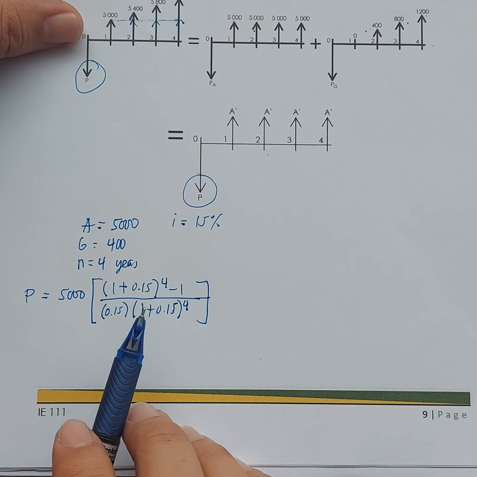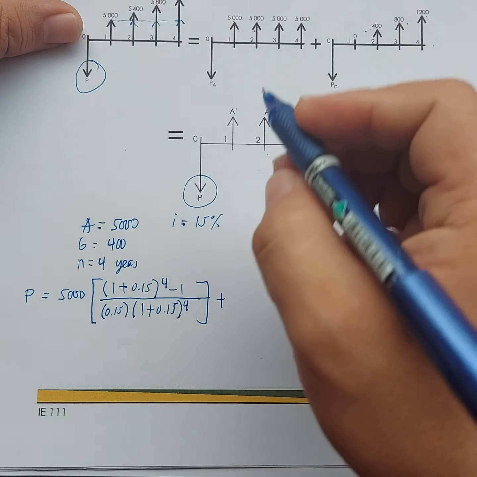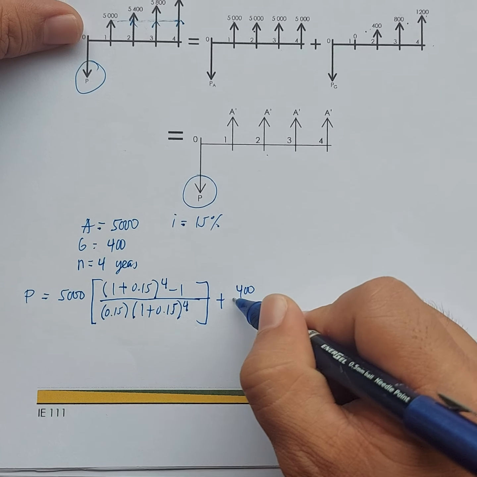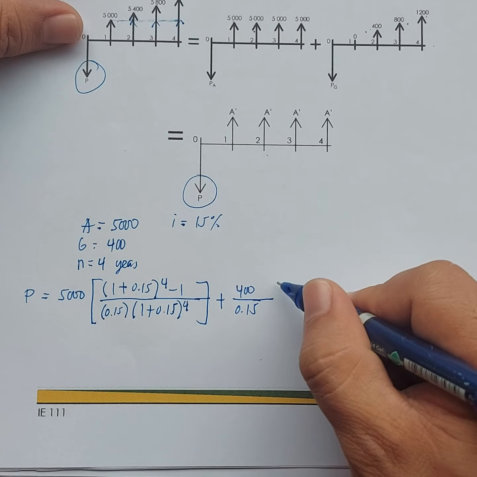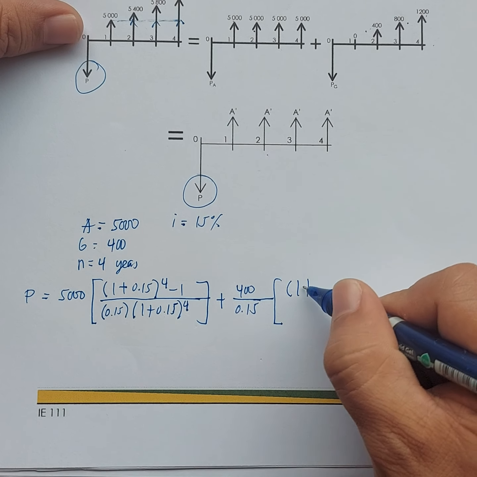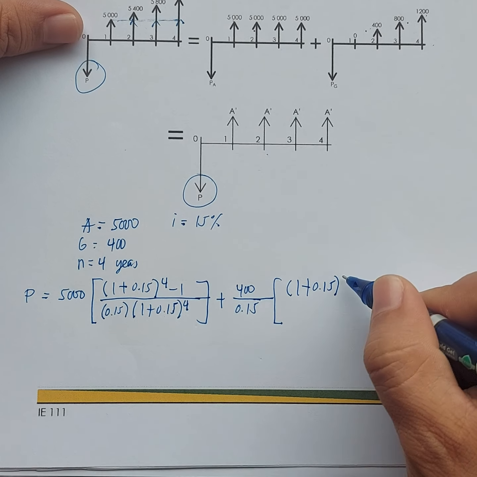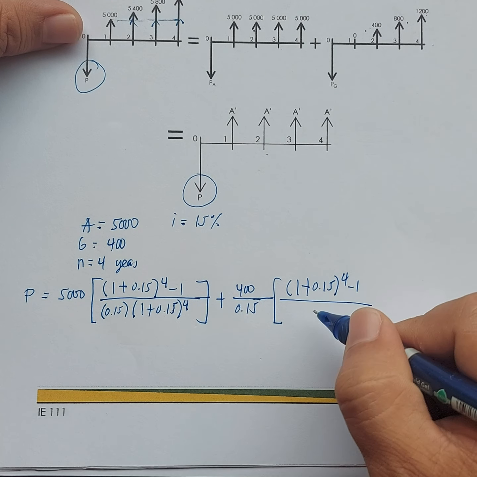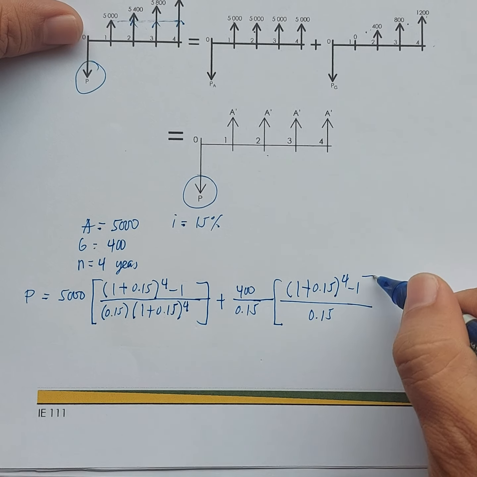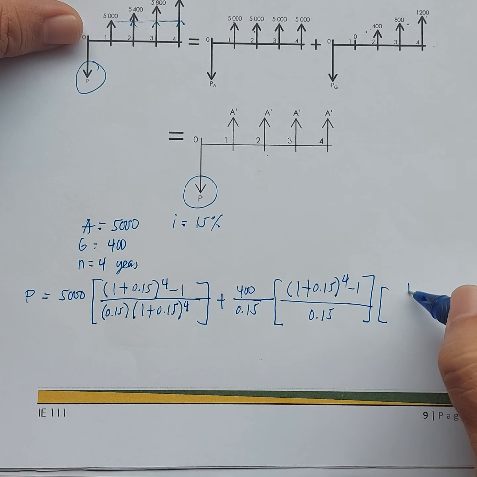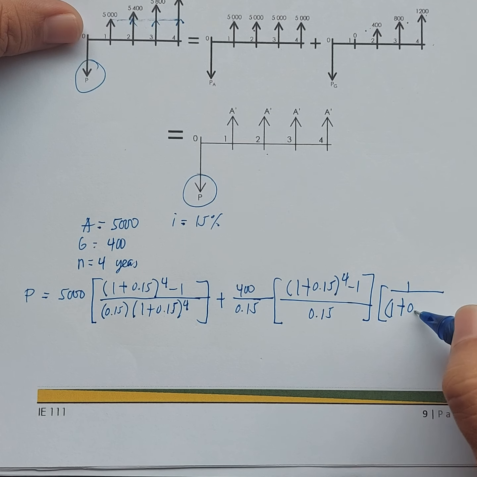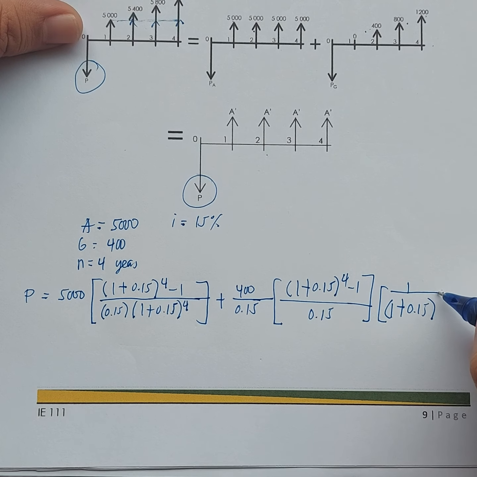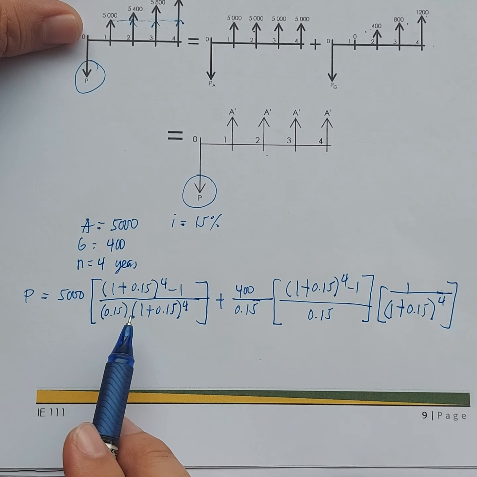Plus, this is PA. Let's solve for PG. G is 400 over i, 0.15, times 1 plus 0.15 raised to 4 minus 1 over 0.15, times 1 plus 0.15 raised to n, where n is 4. It fits on the screen.